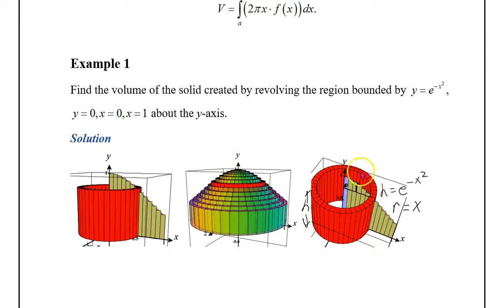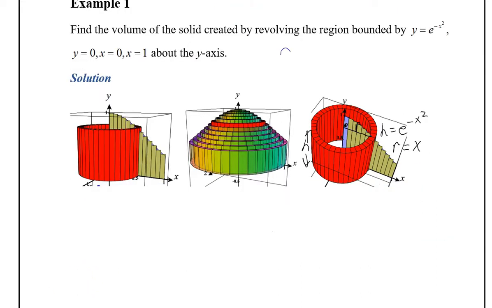Here's what we see here. Notice that the radius of each one is the x value on the curve, e to the negative x squared. That means the radius is just x. The height of each shell, or the width of the stick of gum, is the y value on each curve, which is e to the negative x squared.